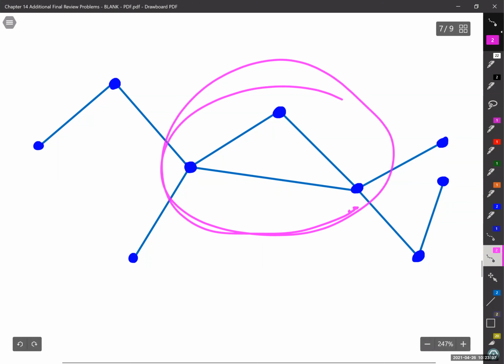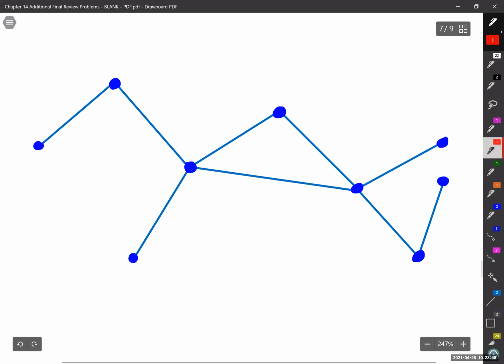Because this is a cycle, which makes it not a tree. Multiple ways to go about the path. So this would be not a tree.